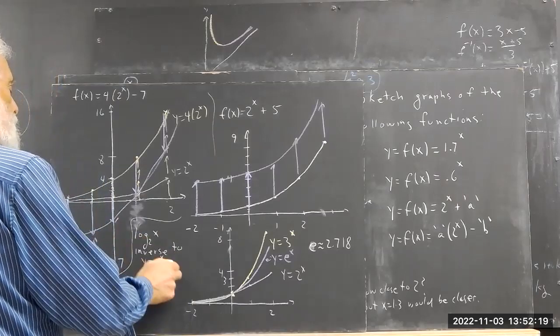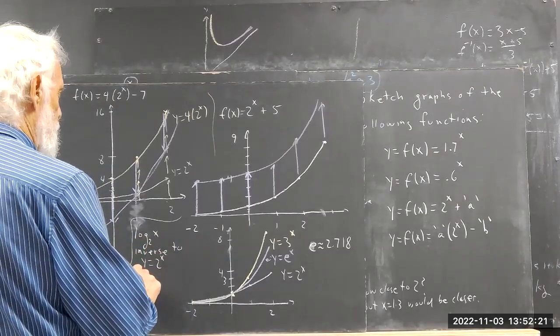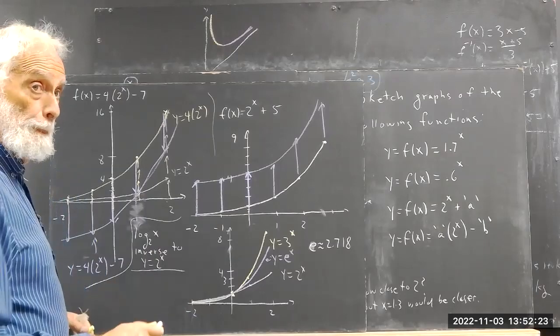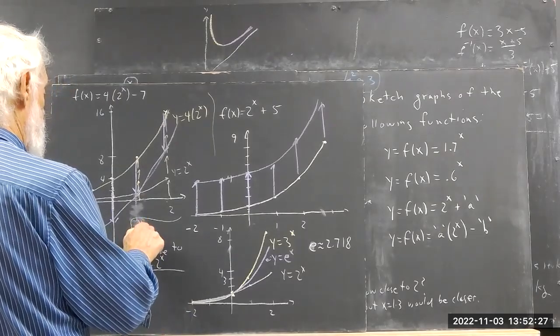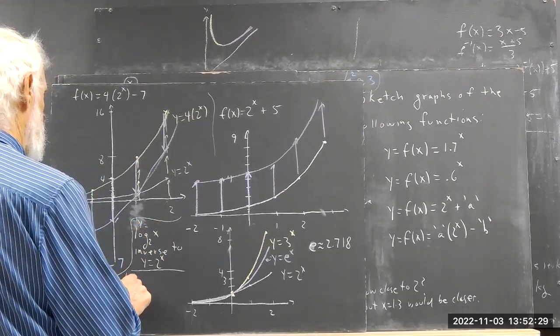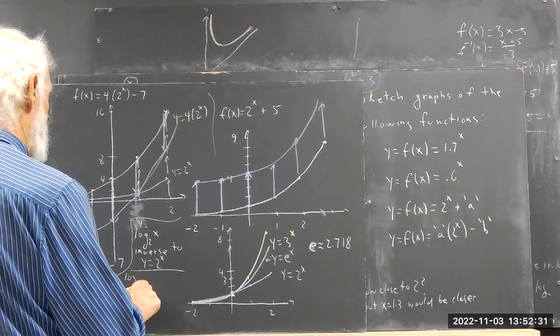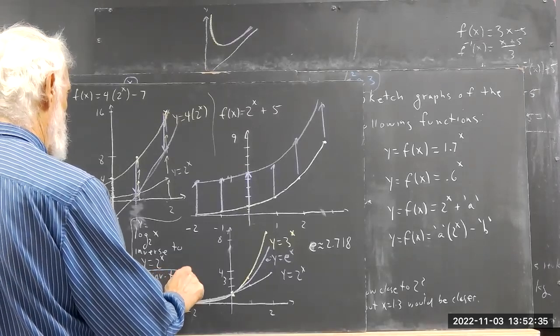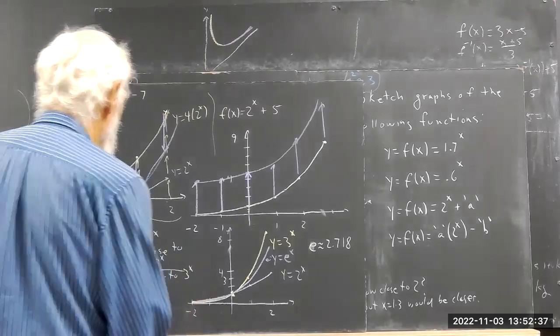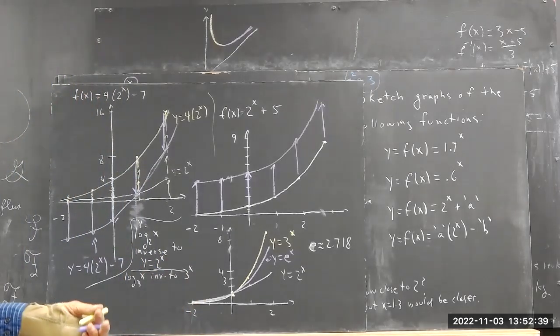Okay, well, as you see, log base 2 of x is inverse to the 2 to the x function, right? And log base 3 of x is inverse to 3 to the x.